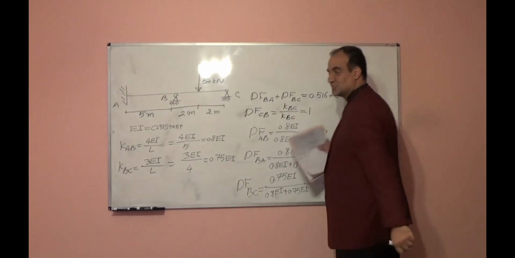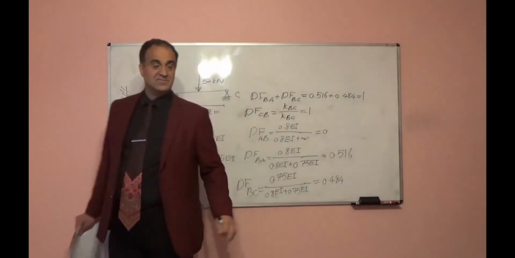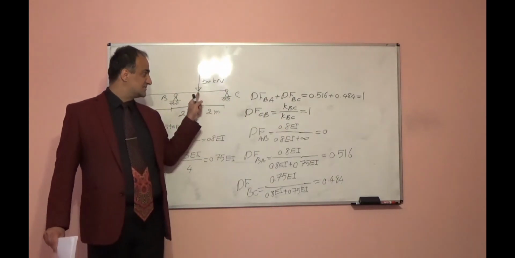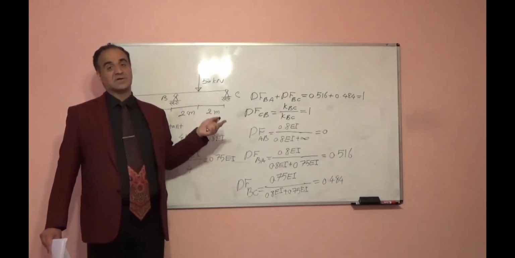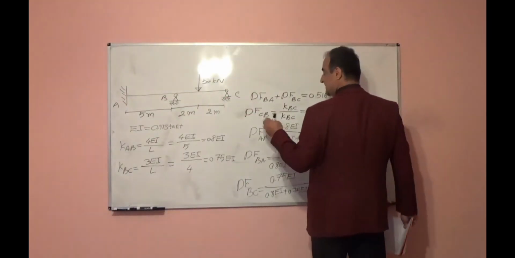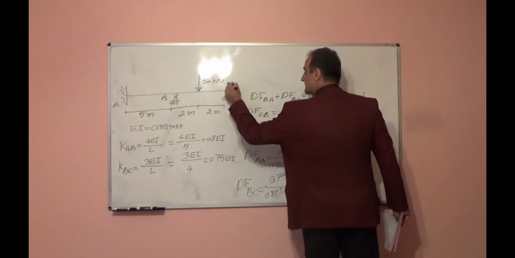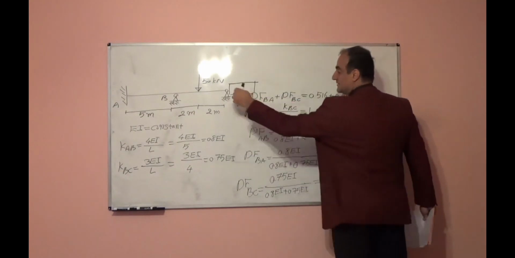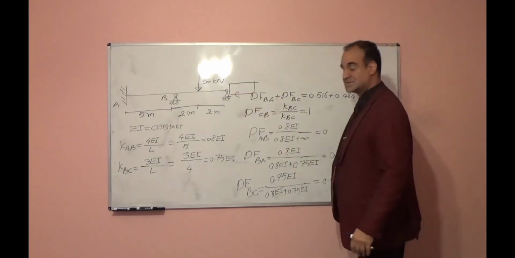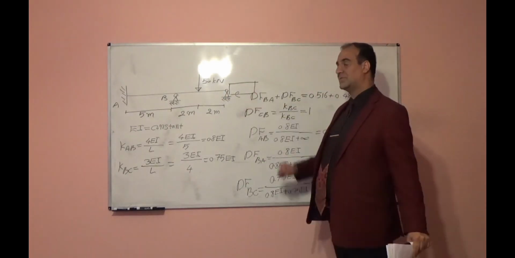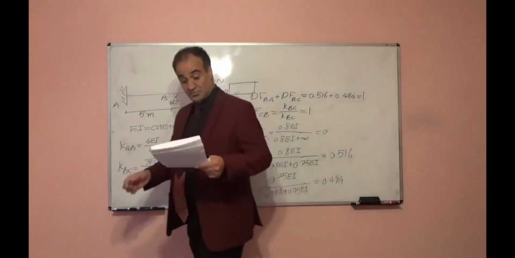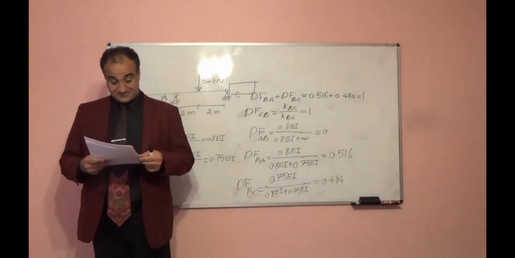The distribution factor for this will be equal to 1, because this member stiffness is divided by the summation of stiffness, and that is the same one effective stiffness.